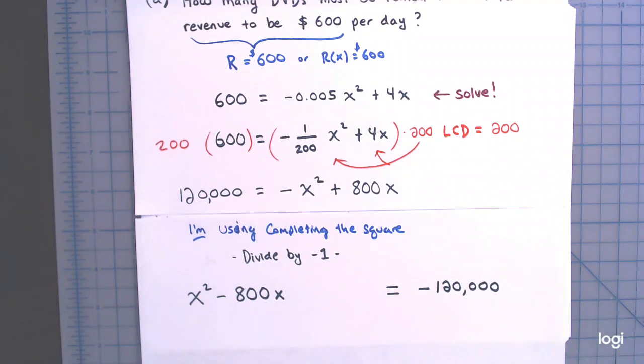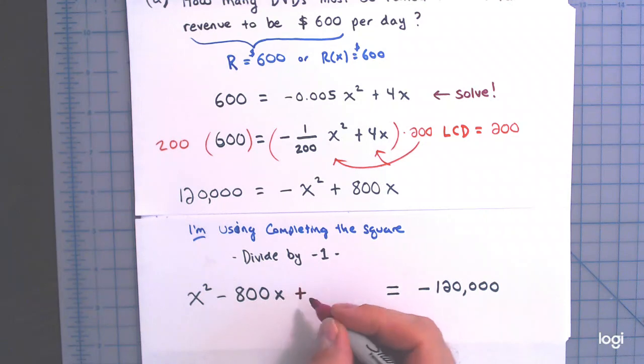Okay. Now here comes the completing the square part. Remember how that's done. Once you have the coefficient of the squared term as 1 plus some number times x, that number is negative 800. Remember, you take half of this number, which is negative 400, and then square that. Negative 400 squared, negative 400 times negative 400 would be positive.